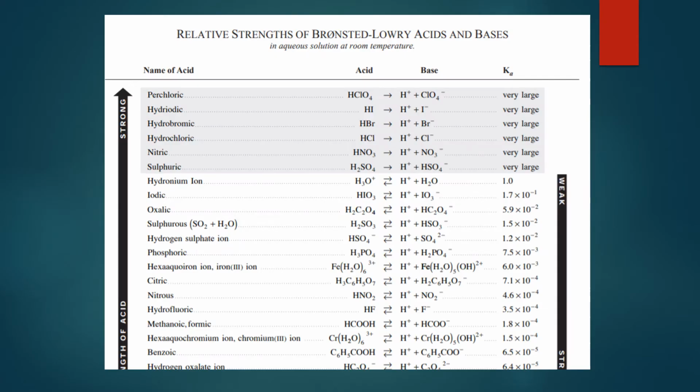Just so you're aware, you don't have to memorize that list. If you take a look at the strong acids, their conjugate bases are all spectator ions, with the one exception of HSO4-, because that undergoes another ionization.